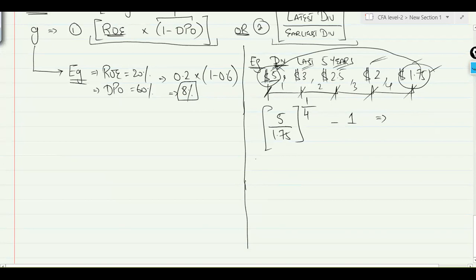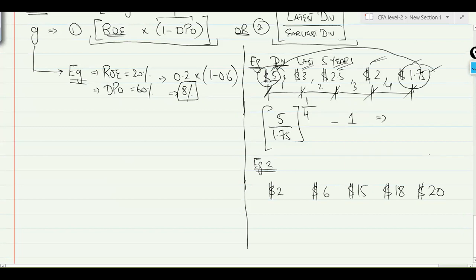Let's suppose example number 2. Last 5 years of data has been given. One dividend is $2, one is $6, one is $15, then $18, then $20.